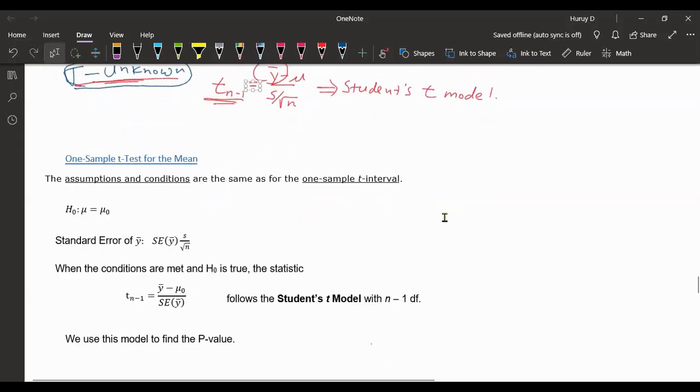So the first thing, as always, we have to check the assumptions. Well, what are the assumptions for one sample t-test? This is the same as for one sample t interval.